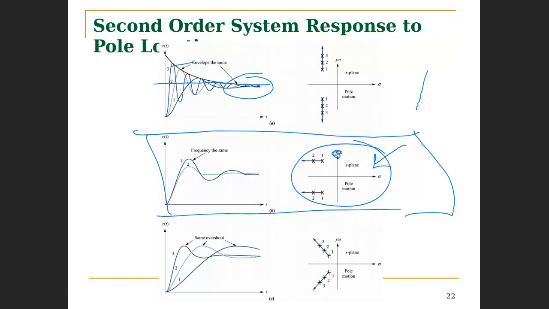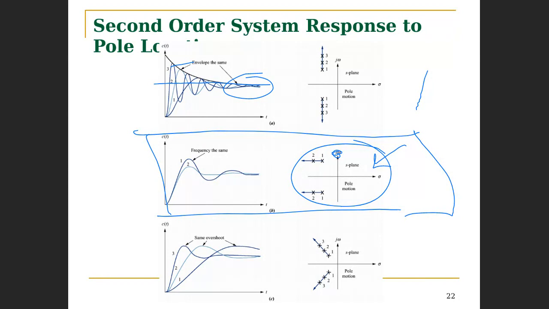I was saying the same thing. Let's get something clear. The further you go away from where? The further away you go from the imaginary axis to the left, I would say you have a shorter settling time.